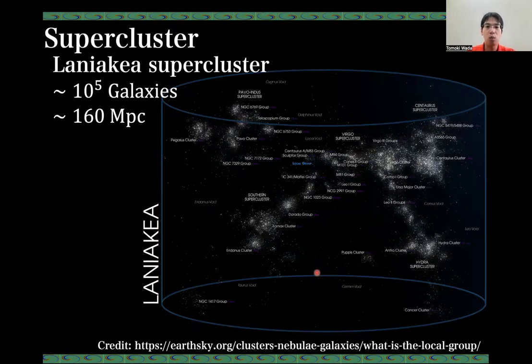And when we zoom out more and more, we find superclusters. Maybe here is our local group, and this is the plot of galaxies around our galaxy. This is called the Laniakea supercluster, and it contains about 4.1 million galaxies.